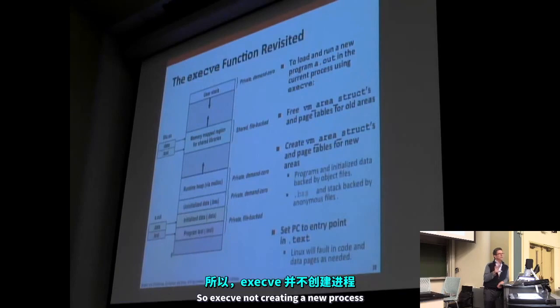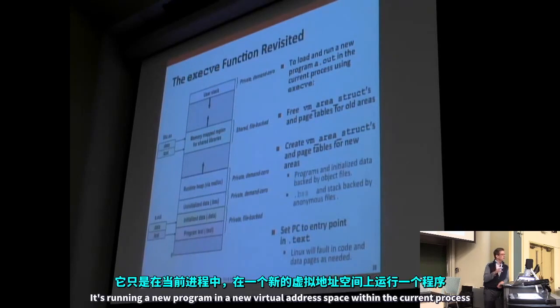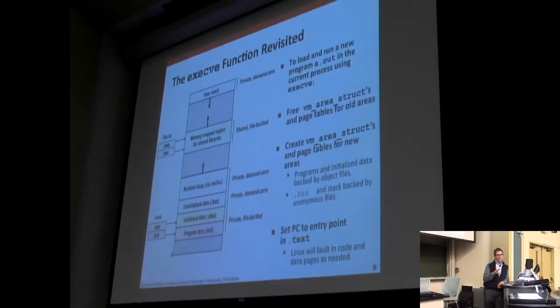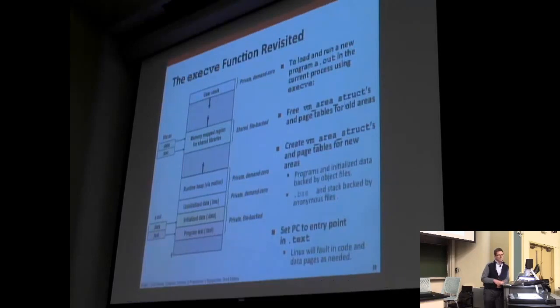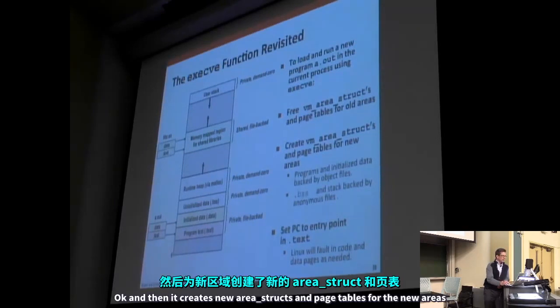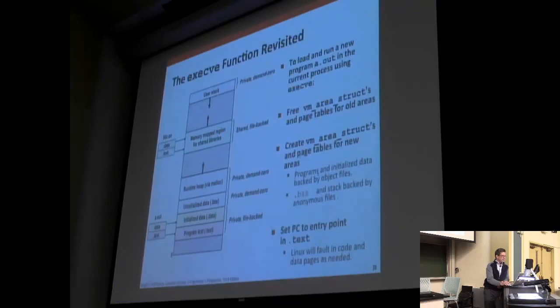Exec's not creating a new process; it's running a new program in a new virtual address space within the current process. So it frees all the area structs and page tables for the current process, and then it creates new area structs and page tables for the new areas.